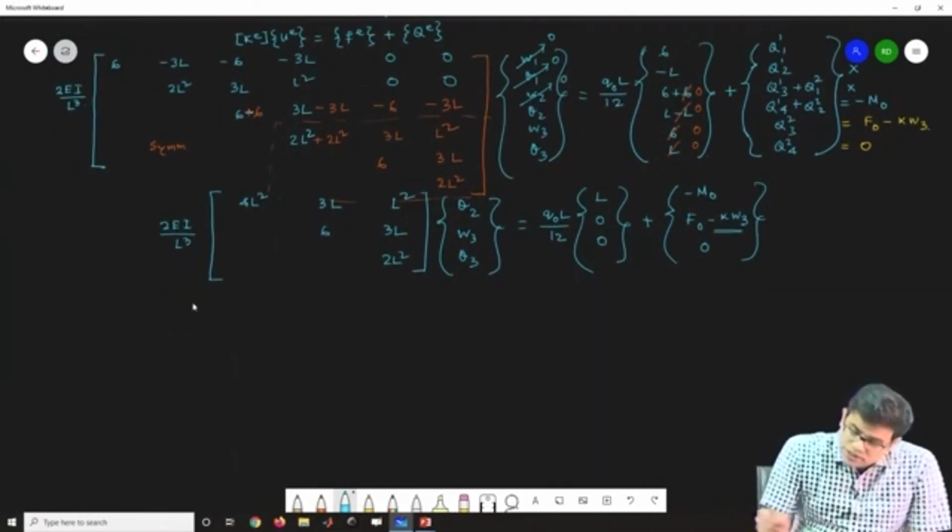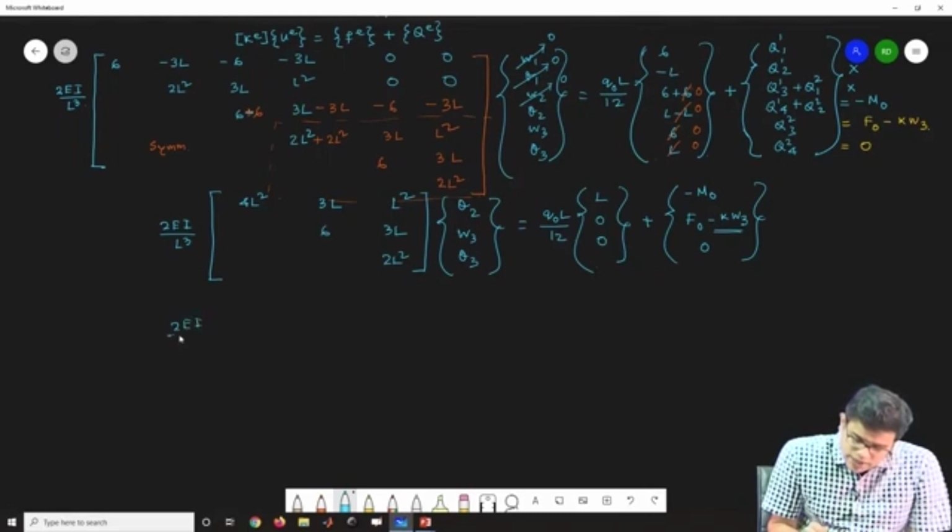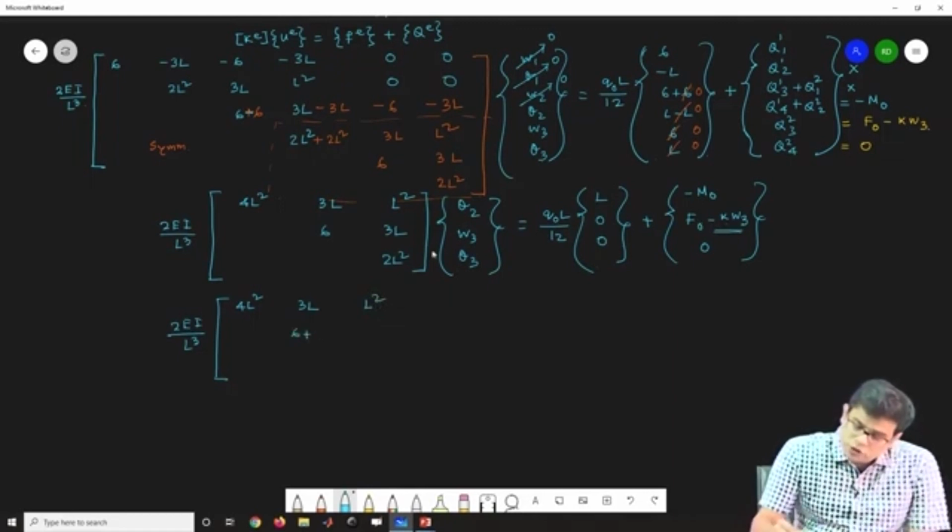So just this quantity, if I bring it here, then it will look like this: 2EI by L cube, then 4L square, then 3L, L square, then 6 plus your KW3. So K will be here.